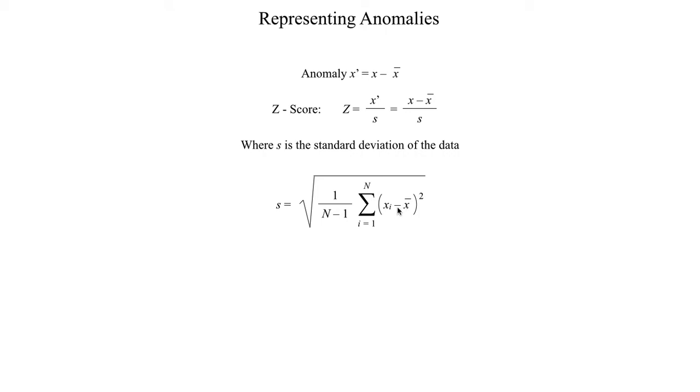And then you do that for the second entry: take the second entry, subtract it from the mean, square it, and then you add up all those squared deviations from the mean, and then multiply by 1 over the total minus 1. So if we've got a data set that has 10 entries in it, then we divide the sum of all those squares by 9, and then we take the square root of the whole kit and caboodle. And we'll take a look at an example calculation involving this.